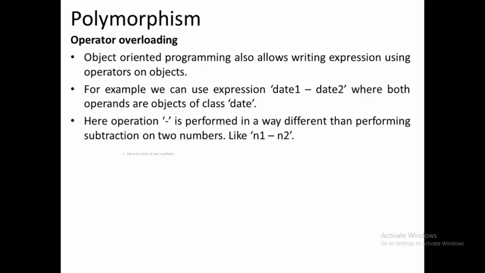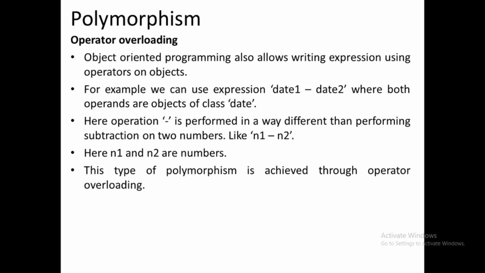Suppose n1 and n2 are numbers, then it will perform subtraction. But if date1 and date2 are there, which are objects of the date class, then it will find the difference, the number of days between these two dates. So that is known as operator overloading.